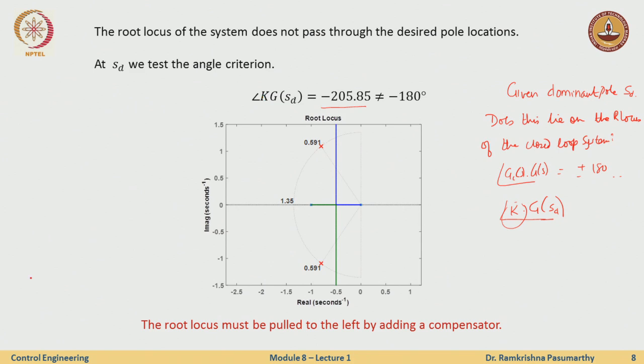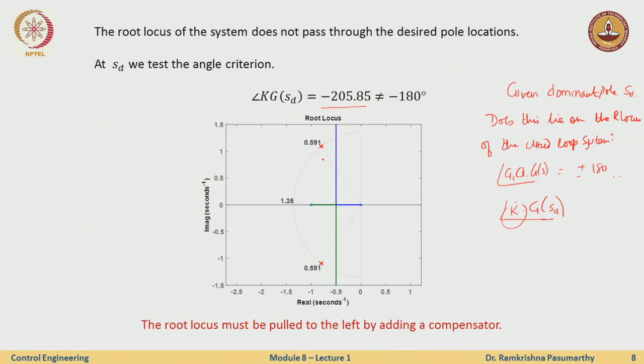Okay, another way to find out is just look at the intersection of the constant zeta line and the constant omega n line, and that intersection turns out to be this one, right? Just to find graphically the desired closed loop dominant pole pair, and it is easy to check that these are not on the root locus, right?